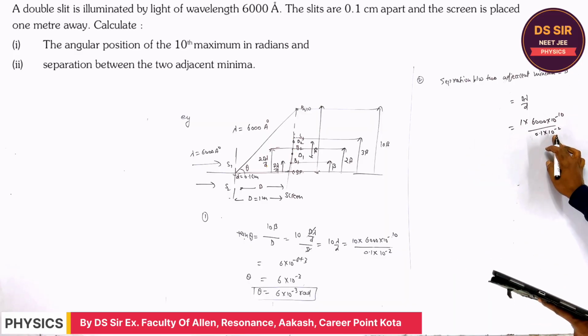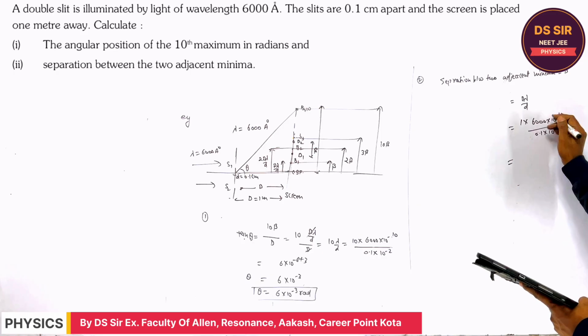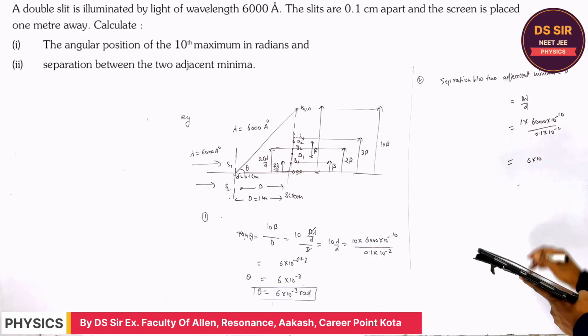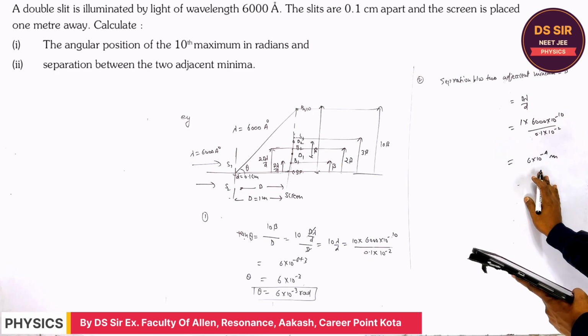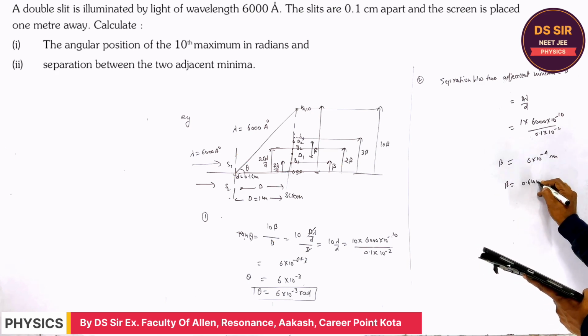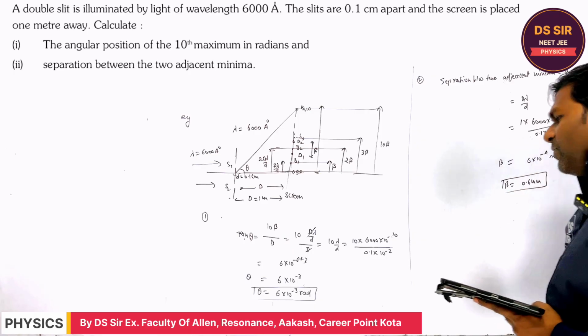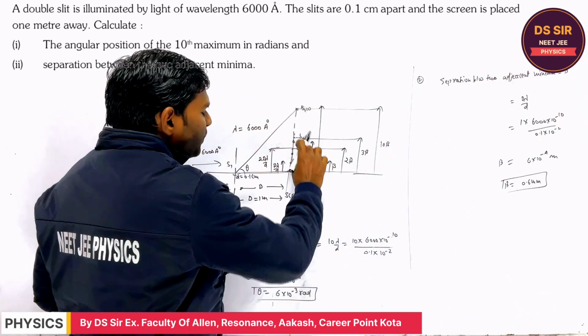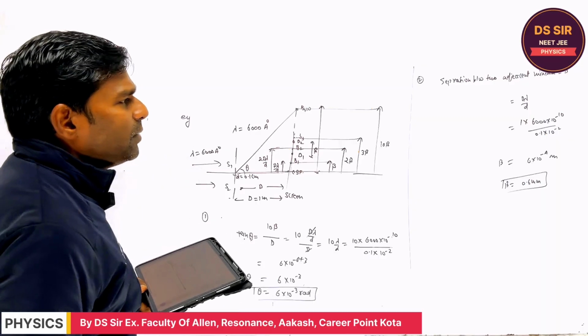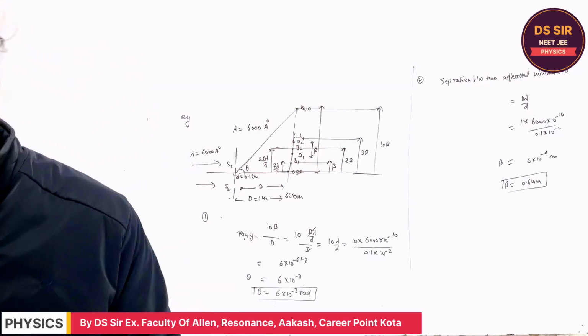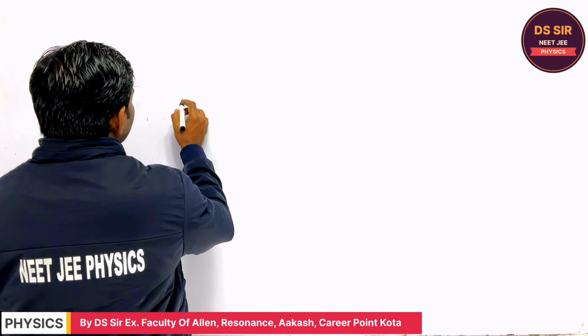Then in meters this is 6 into 10 to the power minus 4 meter. So the beta is nothing but 0.6 millimeter. So the fringe width is very small, practically found in millimeters. Copy this.